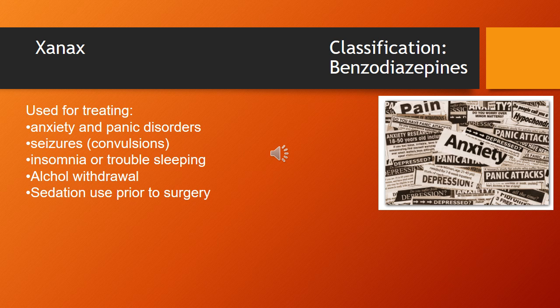When looking at this medication, it can be used for generalized anxiety disorder, panic disorder, and then anxiety that's also associated with depression. Also, Xanax has been given for irritable syndrome and other somatic symptoms with anxiety.